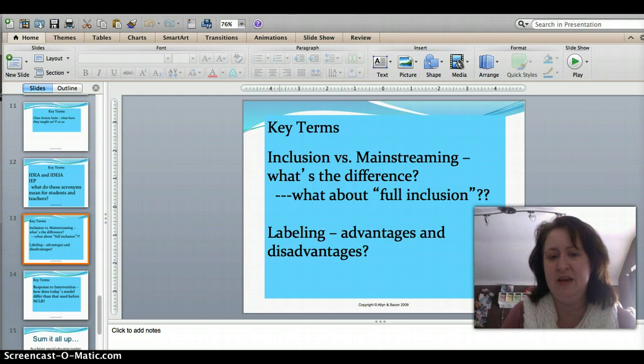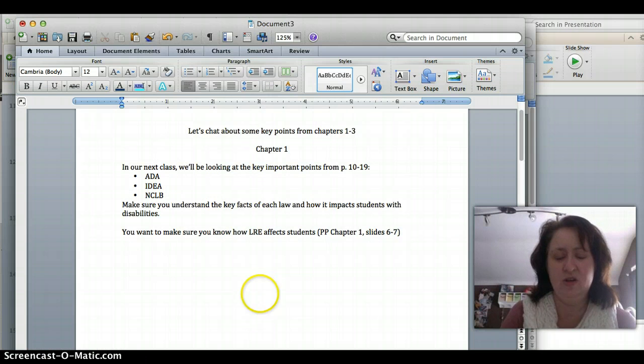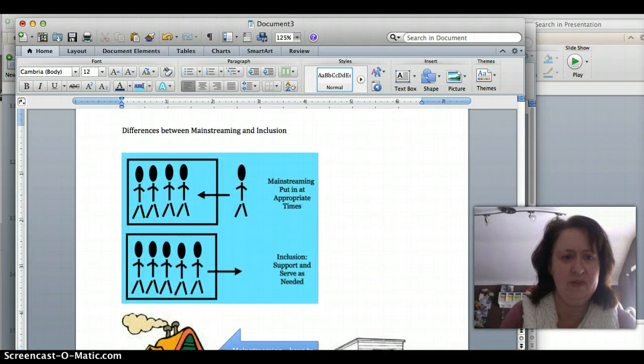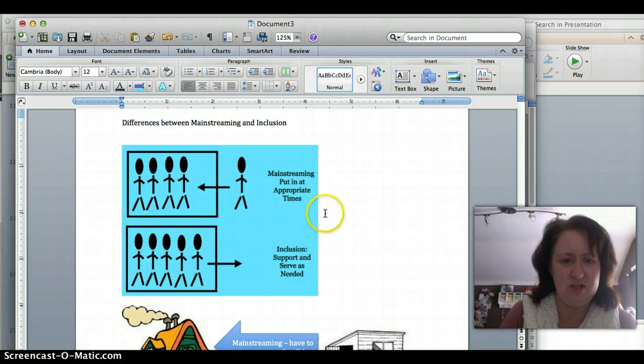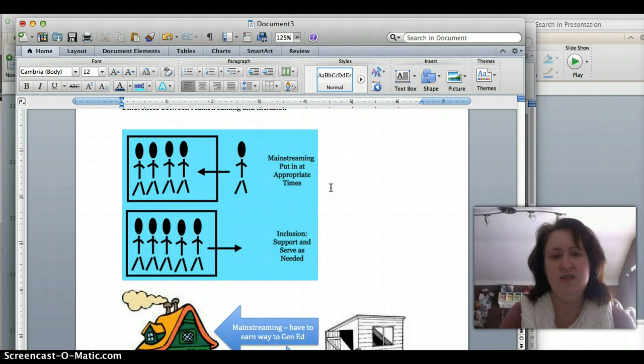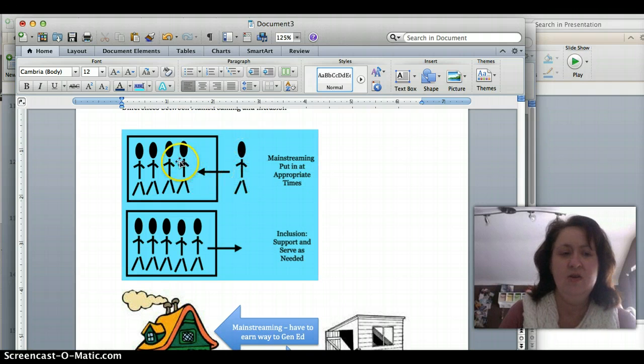To make that even clearer, I'm going to show you some illustrations that hopefully will help. The first illustration, this blue one, shows mainstreaming as a student with a disability who is moved into the gen ed classroom, represented here by these 4 stick children in a box.